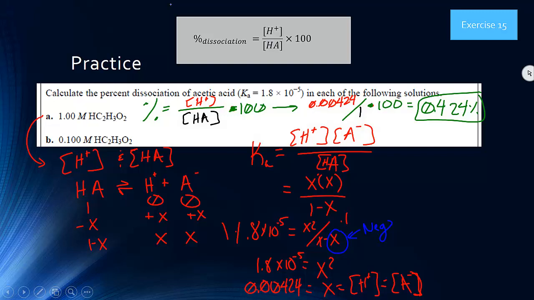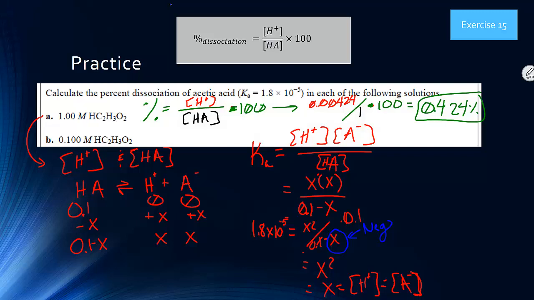Let's compare that to 0.1 molar. In 0.1 molar, a lot of the values here are going to stay the same, with the initial concentration starting at 0.1. So we have 0.1 minus x as our denominator for our Ka expression. So Ka remains the same. 1.8 times 10 to the minus 5th has to equal x squared over 0.1 minus x.